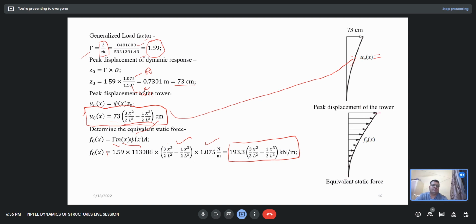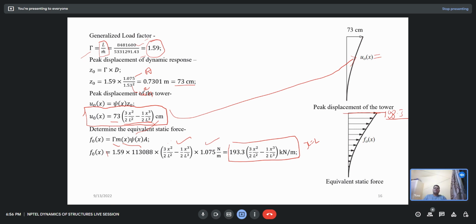If you put x equal to L at the top, the equivalent static force comes out to be 193.3, the maximum force. And this is your equivalent static force.